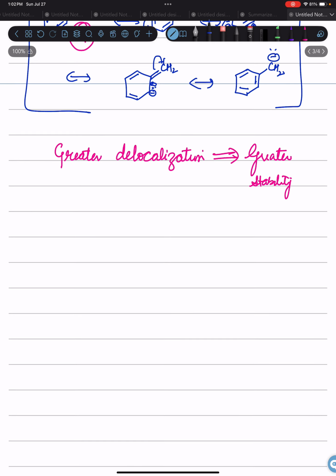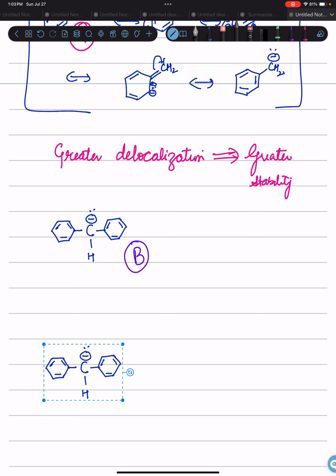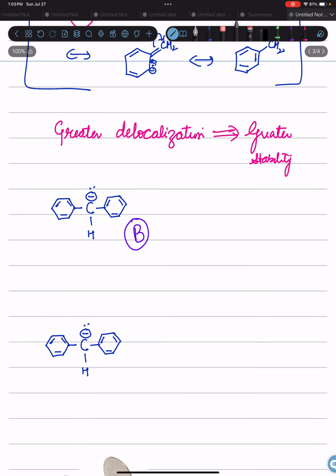In case of B, we have two phenyl rings attached to the carbon bearing the negative charge. So this is B. If I write it here again, there is more probability of delocalization of the charge.